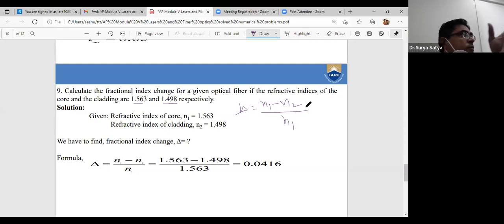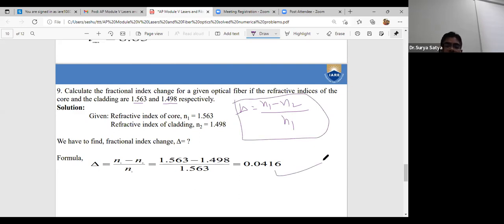So this is the fractional refractive index change expression. N1 is given as 1.563 and N2 is given as 1.498, divided by 1.563, which is equal to 0.0416.